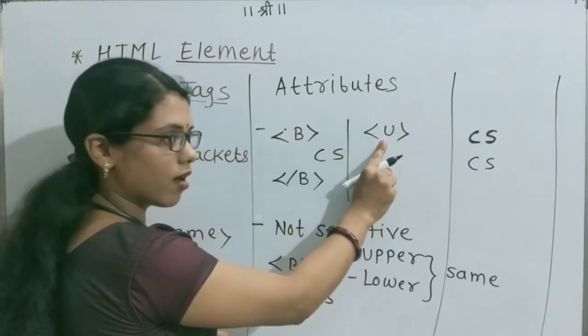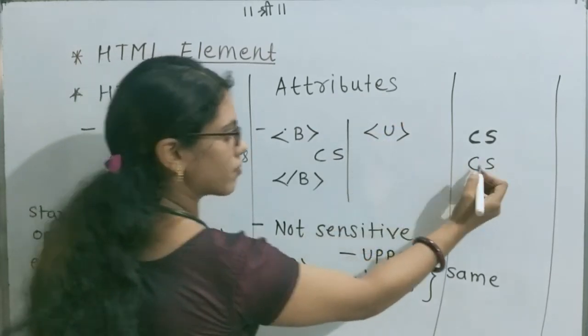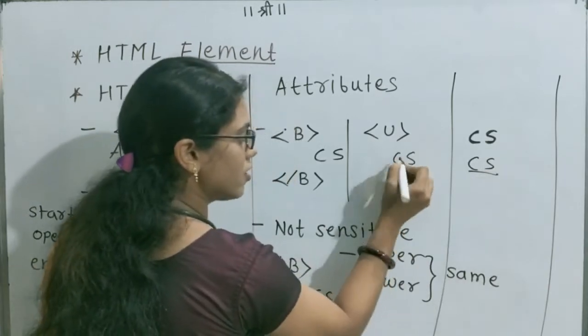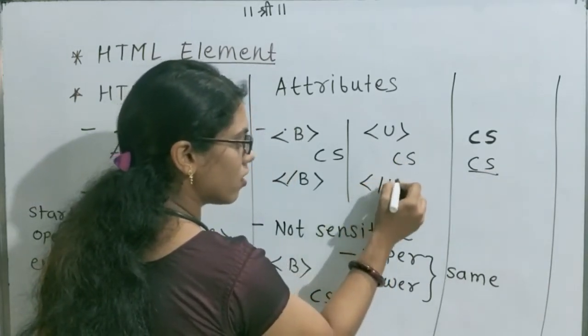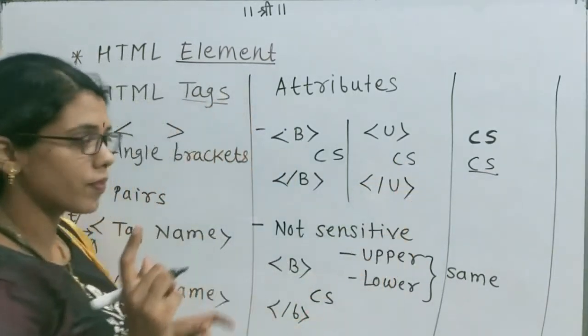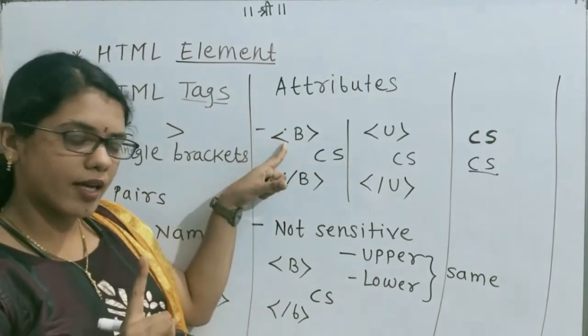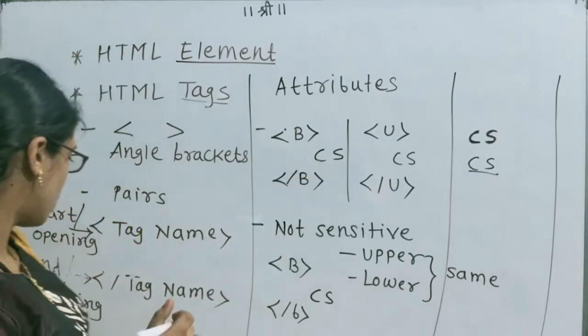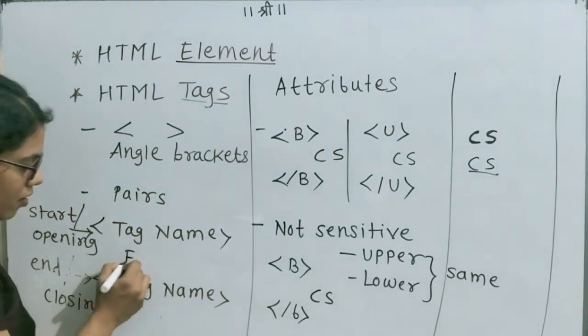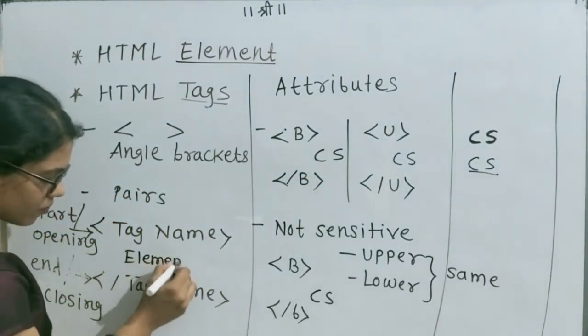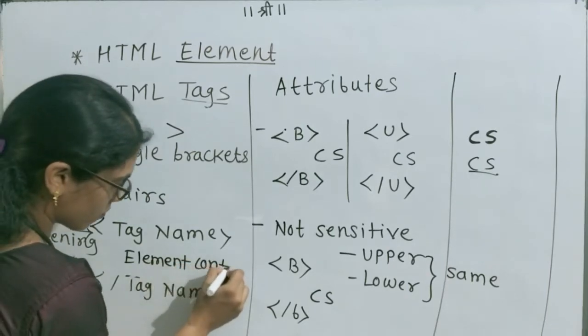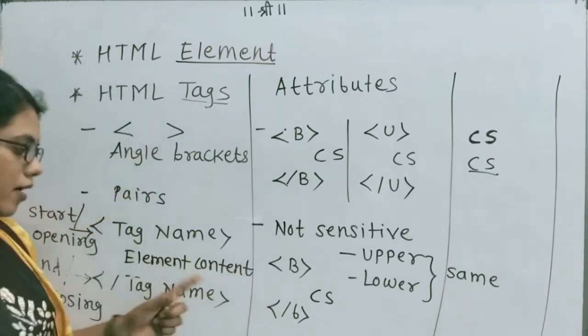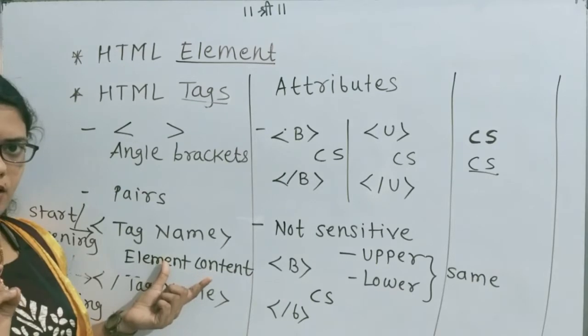U means underline tag. U tag, our text is CS, U tag closed. See? The effect of the start tag is applied on this text. That text is known as element content.